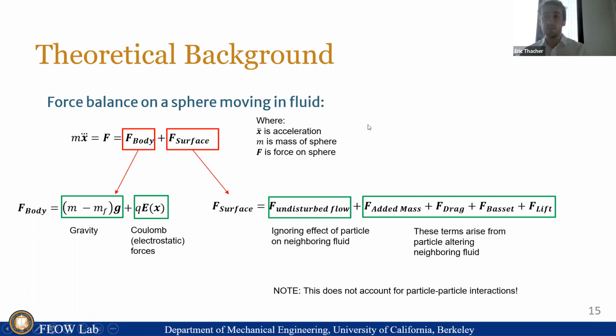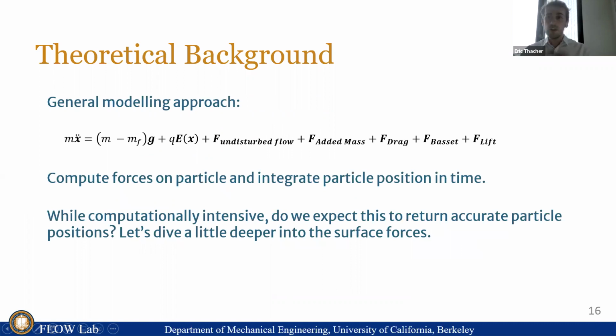And notably, we also don't account for particle-particle interactions. So a general modeling approach that we might have is that we take this equation, we compute the forces on the particle, basically everything on the right-hand side, and we integrate the particle position in time, which allows us to determine how that particle moves forward and what trajectory it takes.